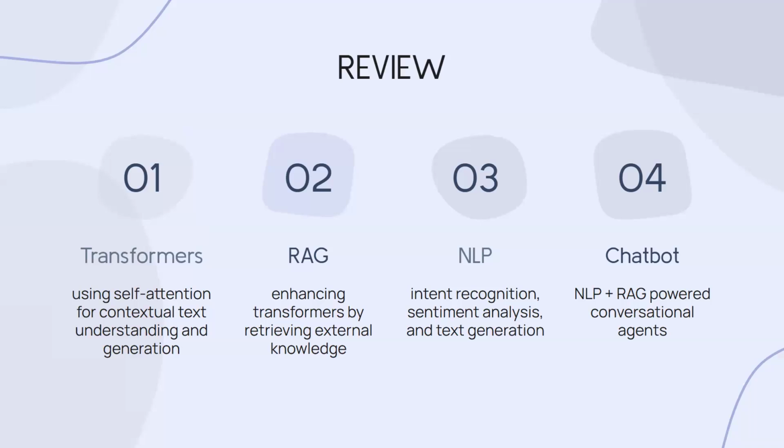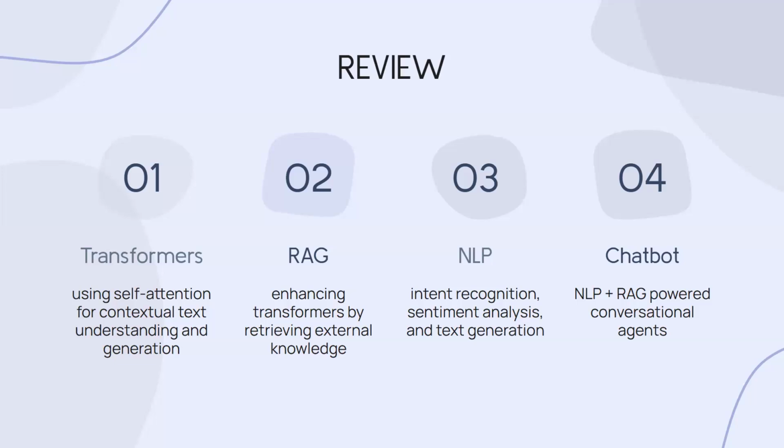We talked about transformers, how they use self-attention to get the context behind what the user has asked, and then build on the answer. We have RAG, which basically just takes external knowledge and integrates that into the actual prompt so it can generate up-to-date information.